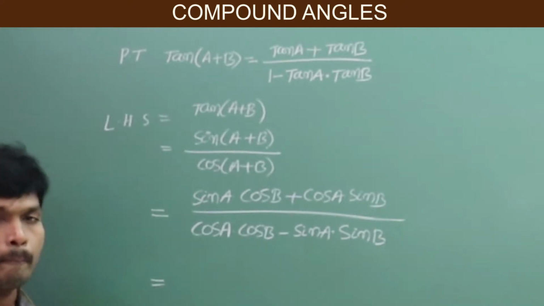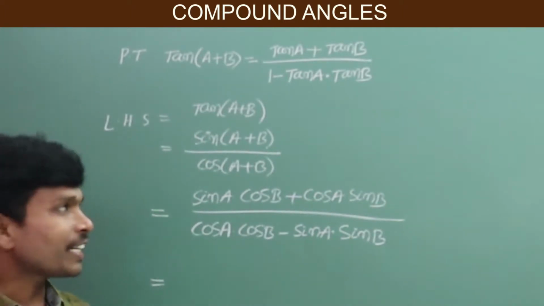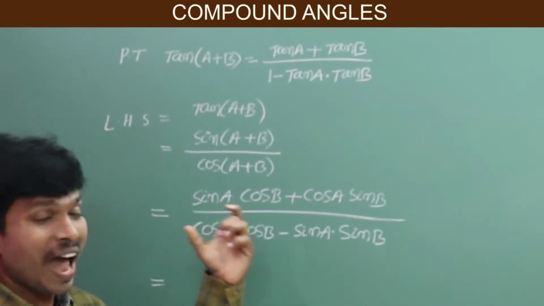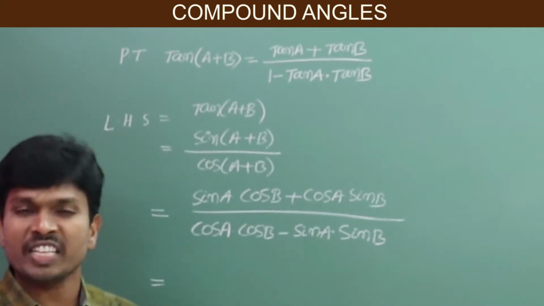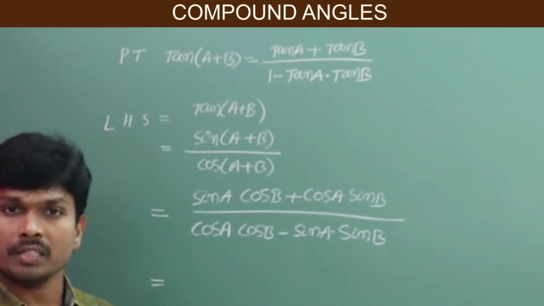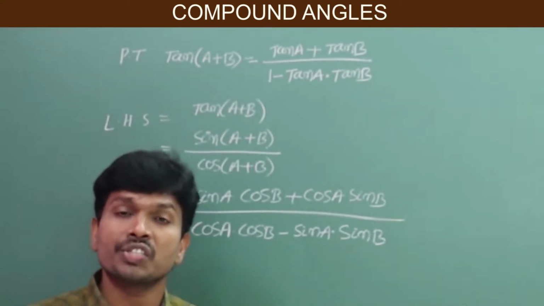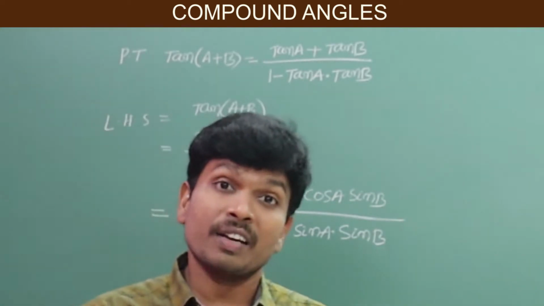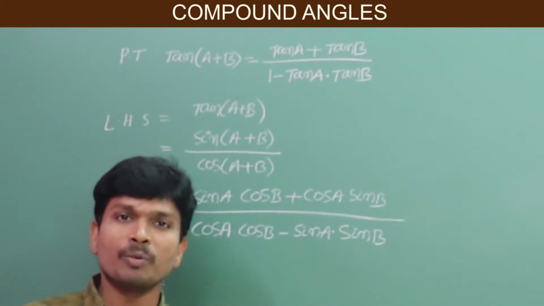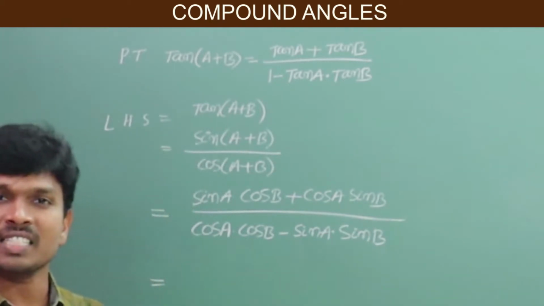Now, your target is the RHS, where you must get values in terms of tan, but here we have sin and cos, so we have to change them in terms of tan. Then what do we have to do? Question yourself, then automatically you will get the answer.